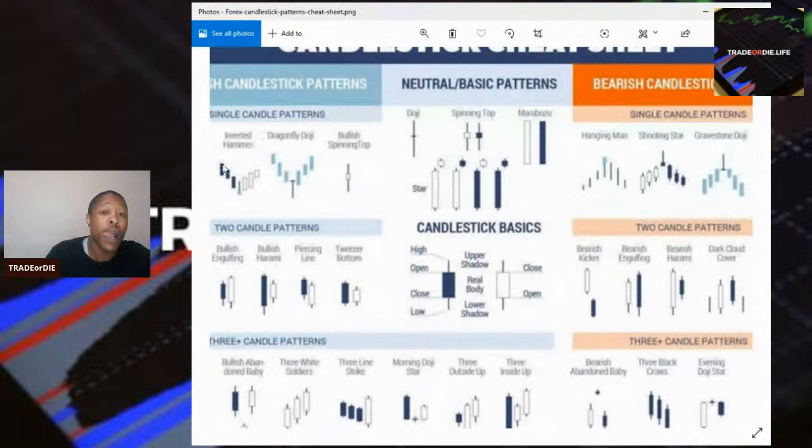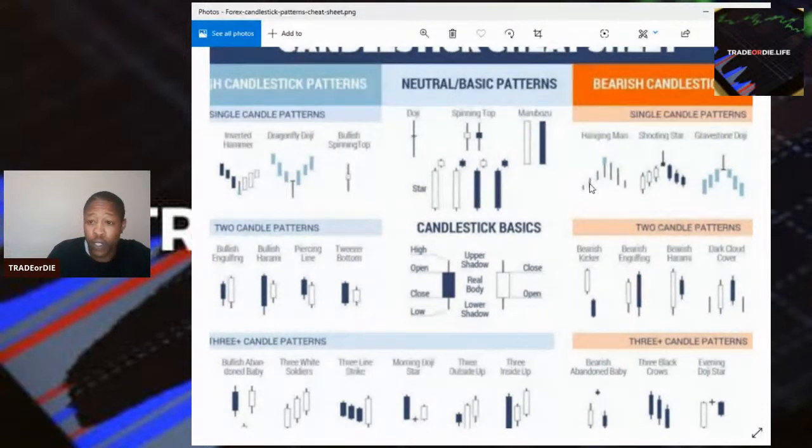When you see a bullish candlestick, the hammer, the doji, the shooting star, hanging man, whatever, or the pin bar, they're called bullish because they're reversing the downtrend. As you see here, downtrend, hammer came, uptrend; downtrend, doji, uptrend. This one is kind of its own.